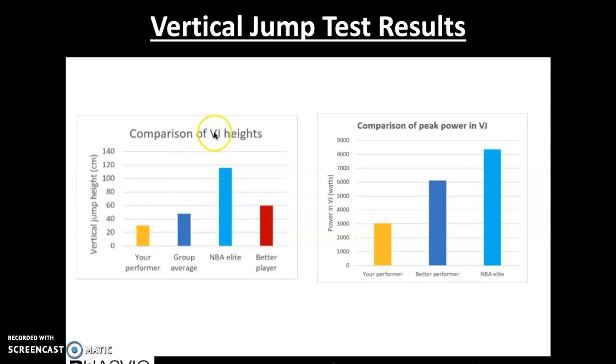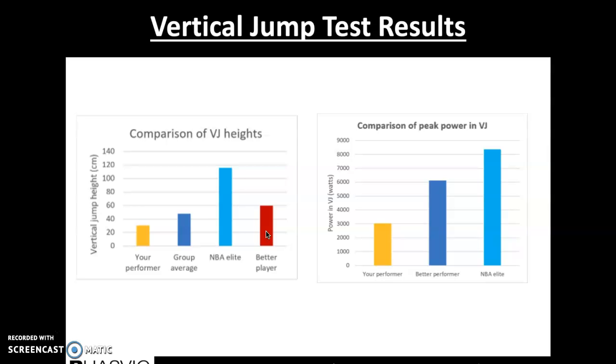Compared to the group average, that was around 45 centimetres. The NBA athlete had a massively high jump, around 118 centimetres, and the better player managed to jump 60 centimetres.